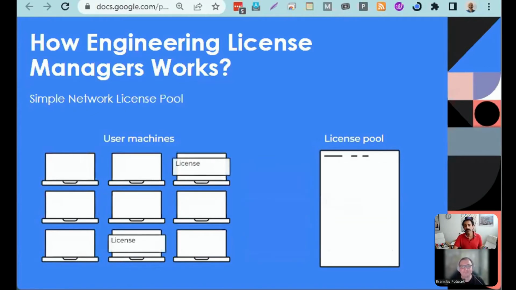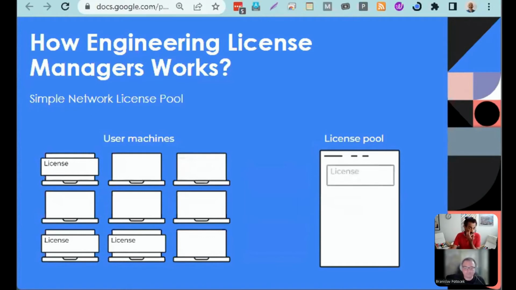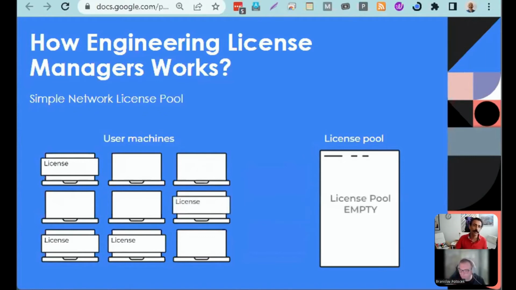The workstation can consume the licenses until the license pool is empty. There are no more licenses. Someone releases the license, then it goes back to the license pool. Maybe someone else can consume that license, and the next person that will try to get the license will get a license denied because the license pool is empty. This is the most simple view.